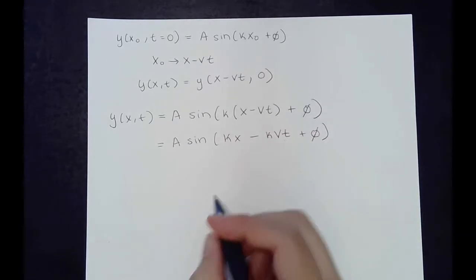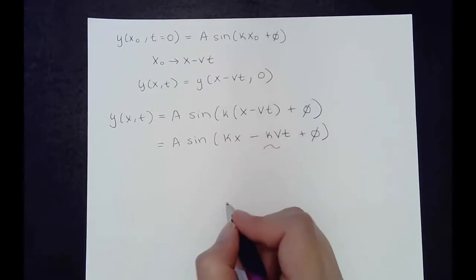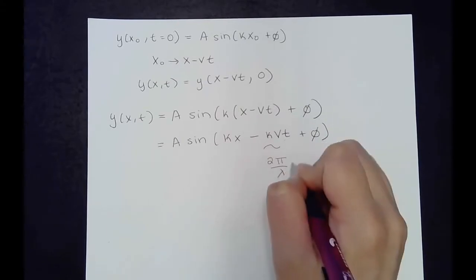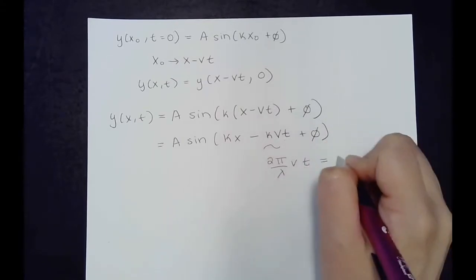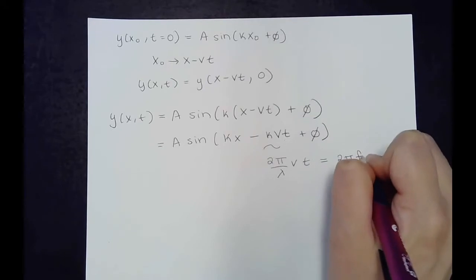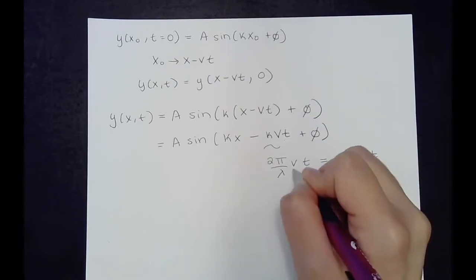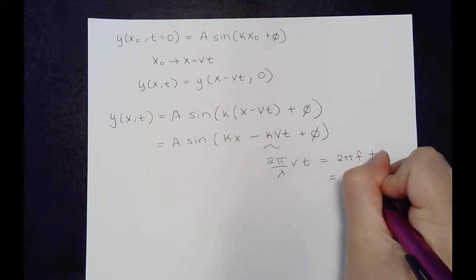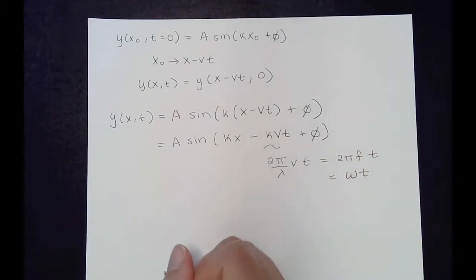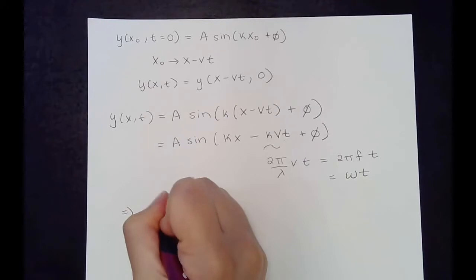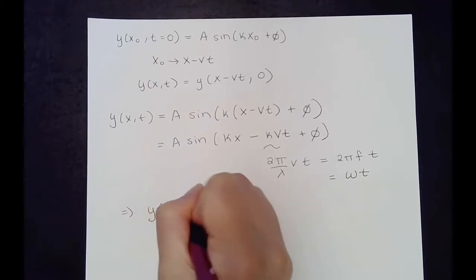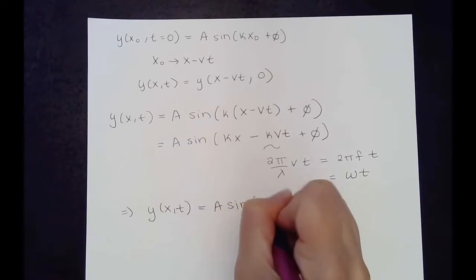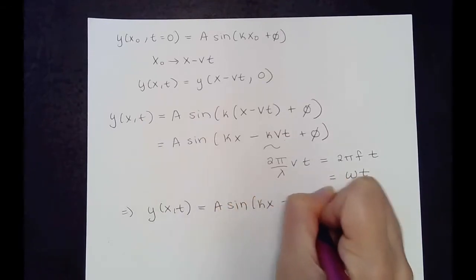And I just want to simplify this kv because we have 2 pi over lambda times vt, which is 2 pi f times t. V over lambda is the frequency, and this is the same as omega t. So we end up with this wave, y at x and t equals a sine kx minus omega t plus phi.